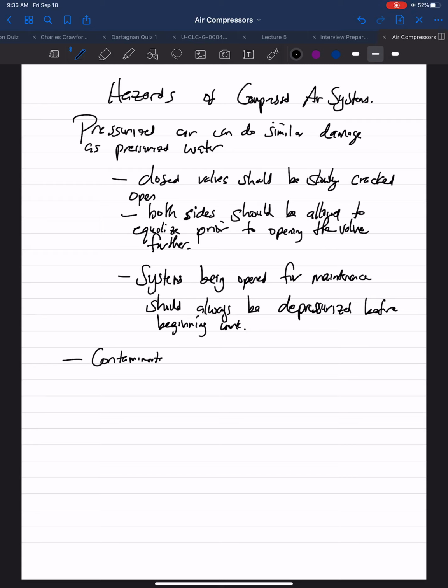Contaminants such as oil should be prevented from entering compressed air systems.